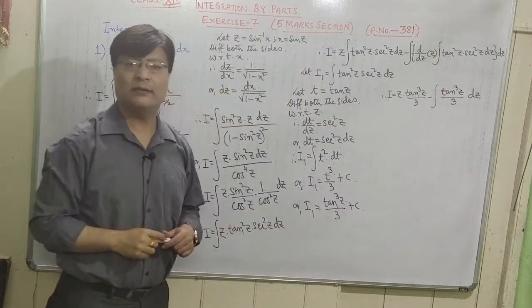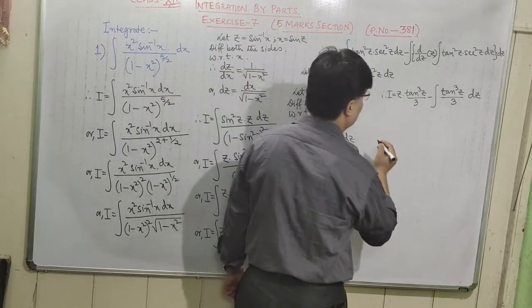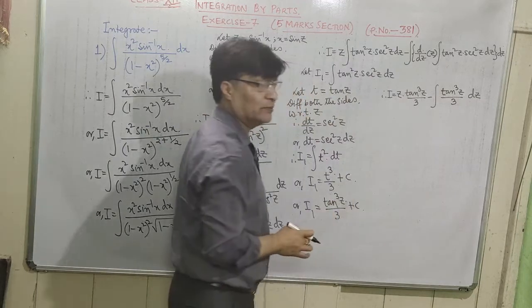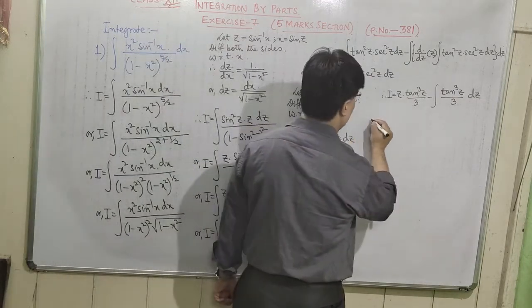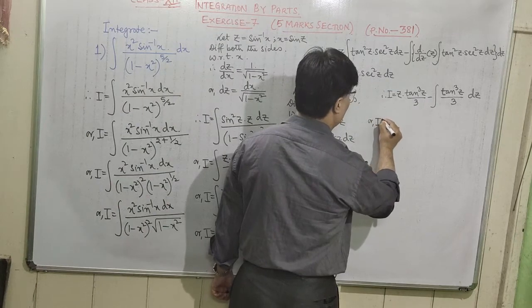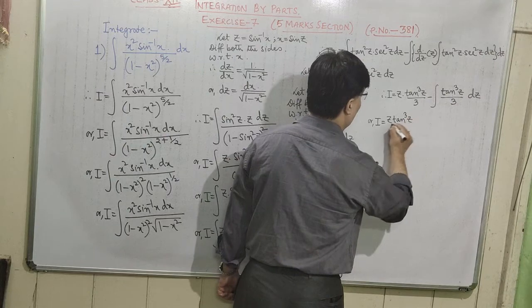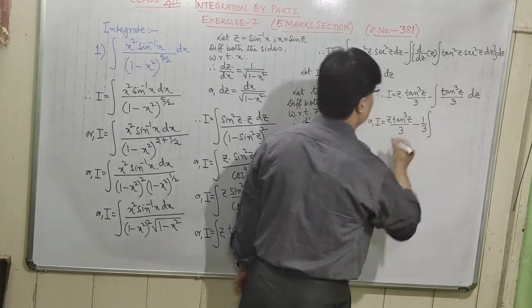So I think you have understood it. Okay. So now in this case, you have to evaluate this integration, that is integration of tan cube z dz divided by 3. Or I is equal to z tan cube z upon 3 minus 1 upon 3 integration of.